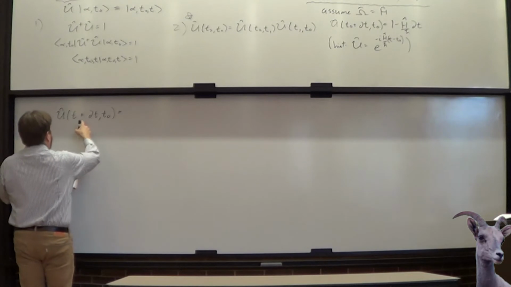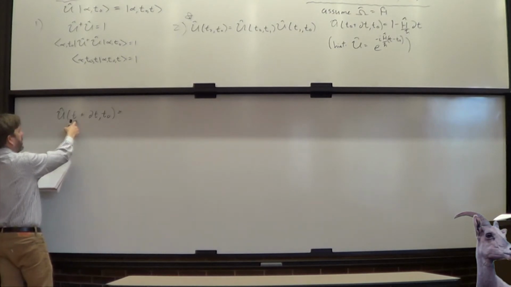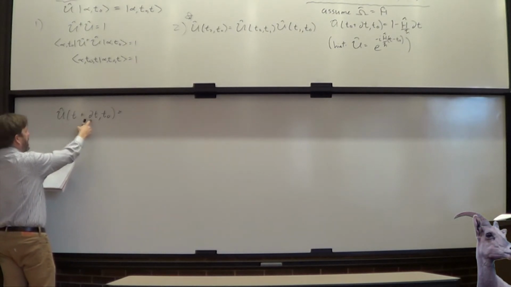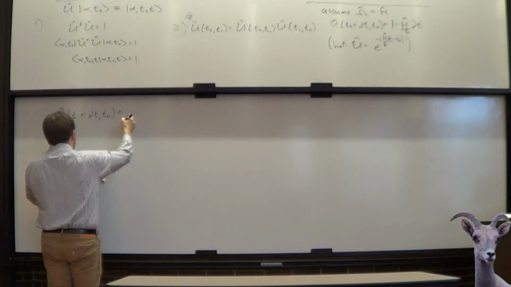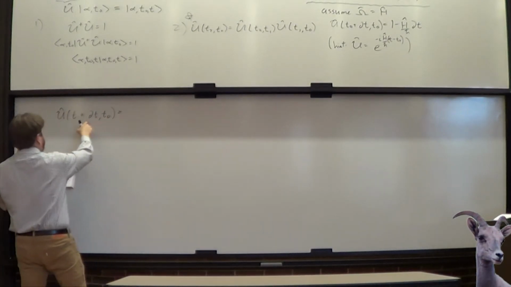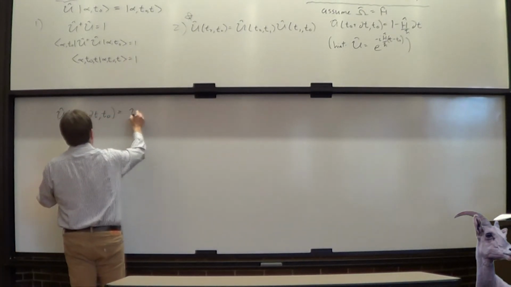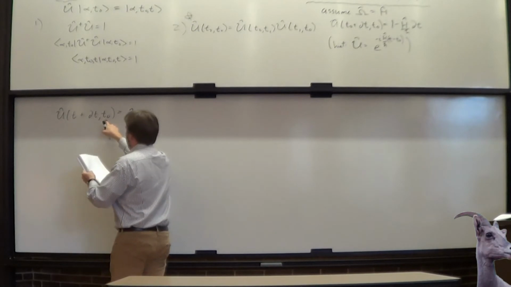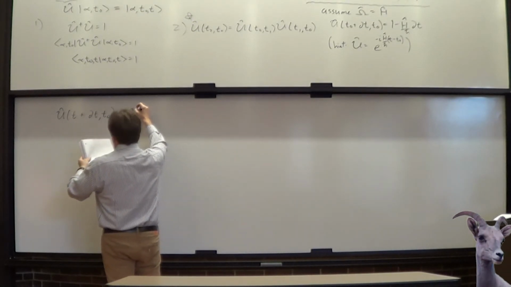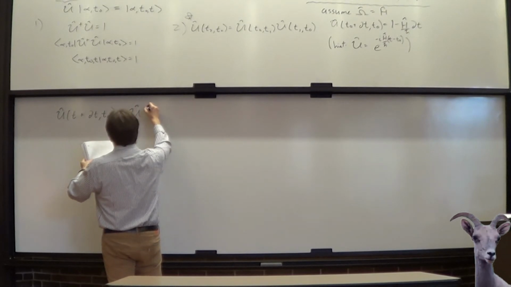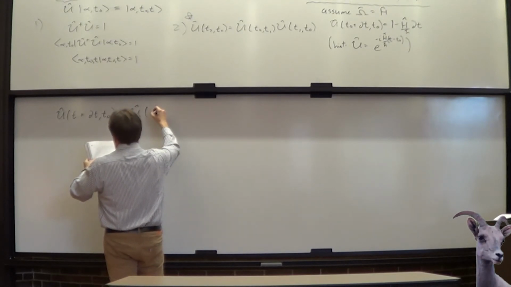Now notice that I've moved forward not t naught plus a very small element; I've moved a finite amount plus a small element. Now how did I do that? This is weird, because this is not t naught plus dt. Anyway, let me show you how I do that. That'll make more sense.